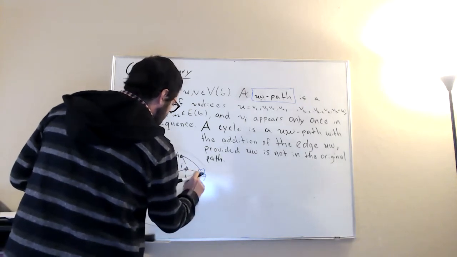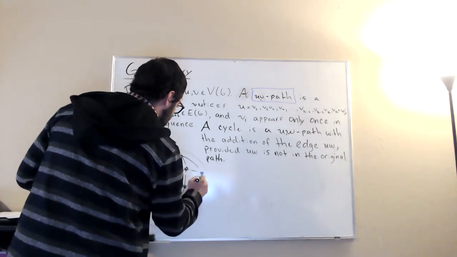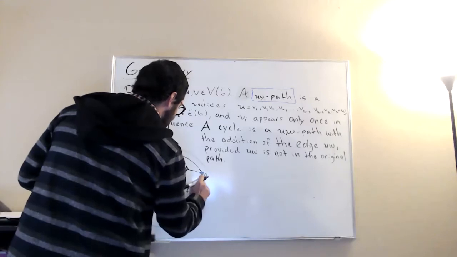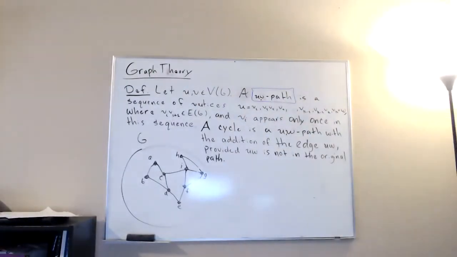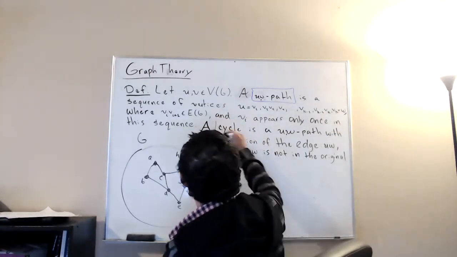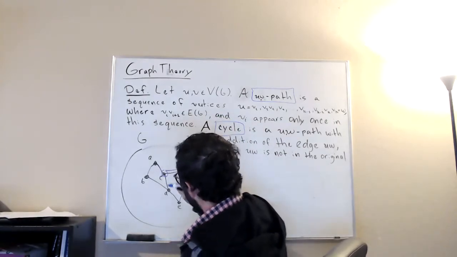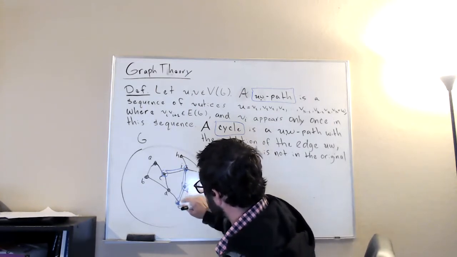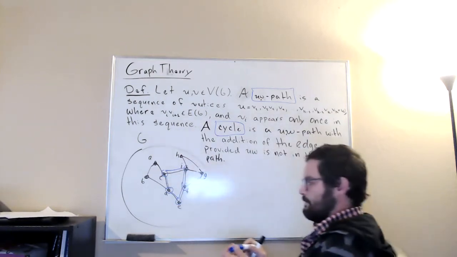C. Okay, so there's G. Okay, so a cycle in this graph would be something like, you could take a CD path, and then you can close it off like that.